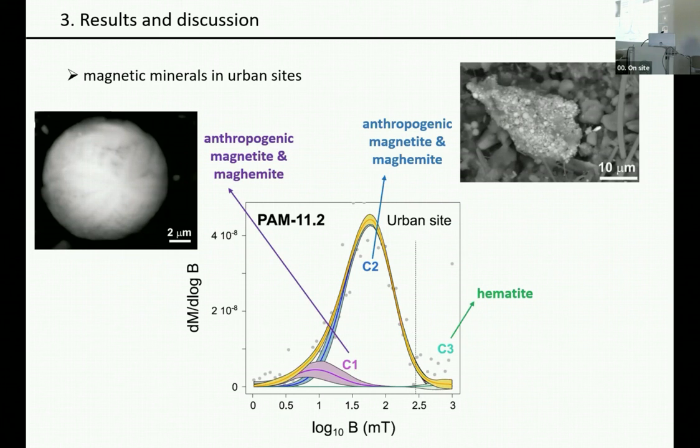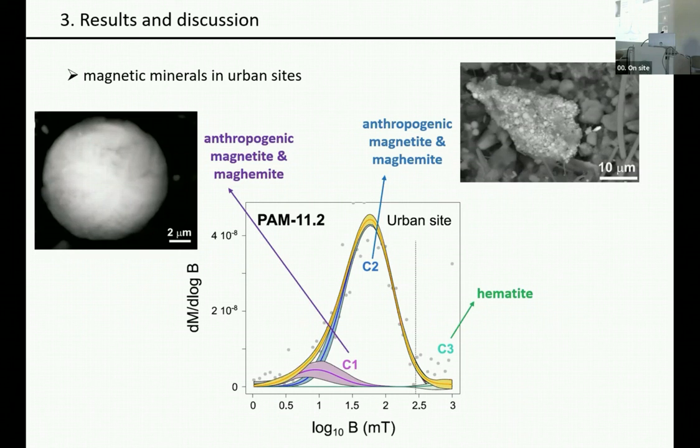Okay, I will go through the results now. Here I show the summary of the magnetic properties and some observations of samples typifying urban sites. Here we see a yellow curve, which is a fit to the results, which are the dark gray spots of this IRM acquisition curve, the derivative of this curve.